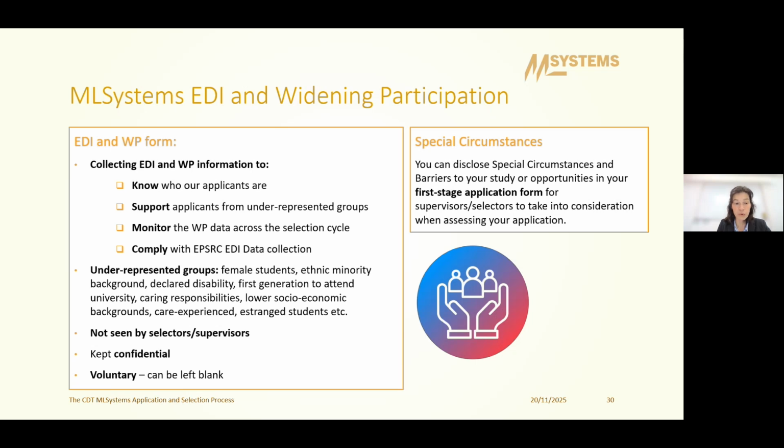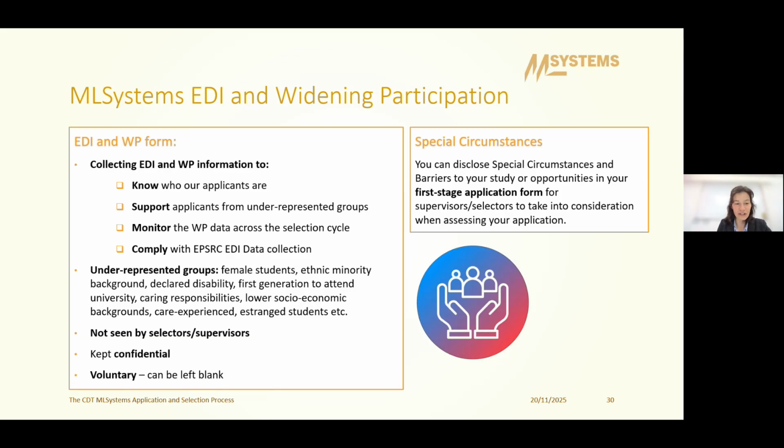This allows us to know who our applicants are. It will also allow us to support applicants from underrepresented groups. We can monitor the widening participation data across the selection cycle. And this is also a way for us to comply with the EPSRC EDI data collection.